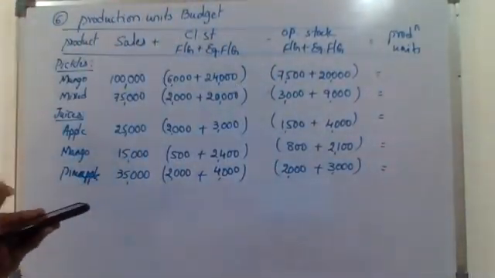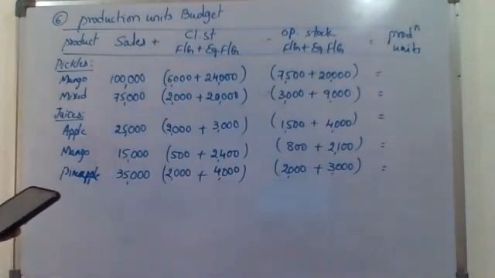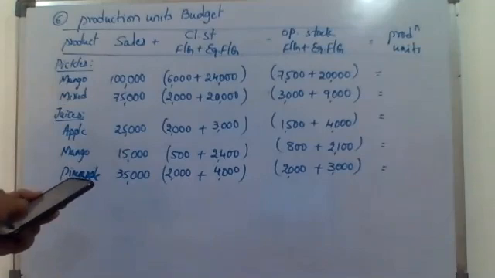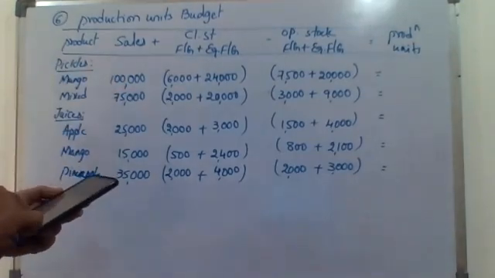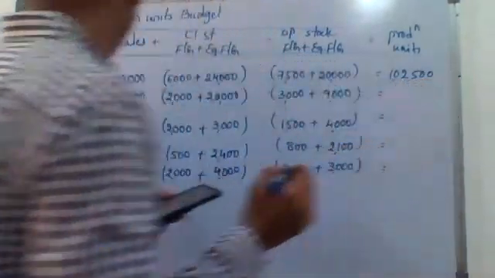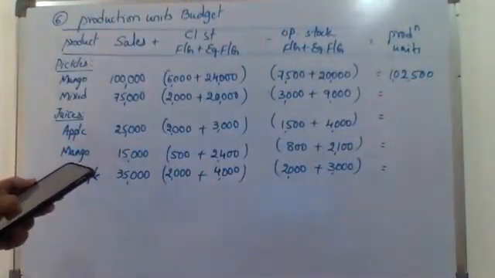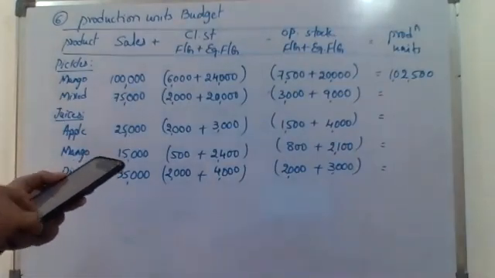In fact, we can do that. It is 1 lakh plus 24 plus 6 is 30,000 minus 27,500 should give you 1,02,500 units is the production of mango. 75,000 plus 22 minus 12.